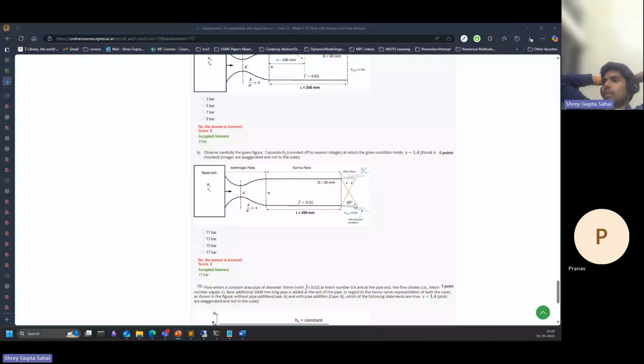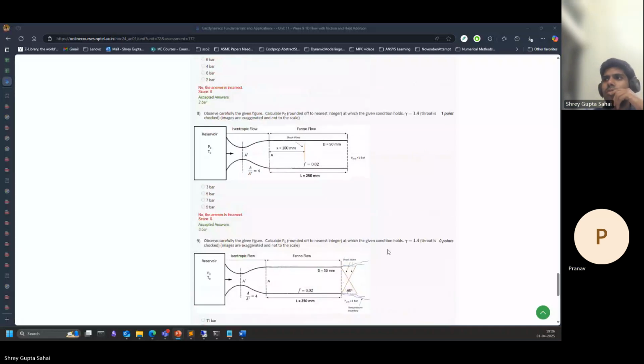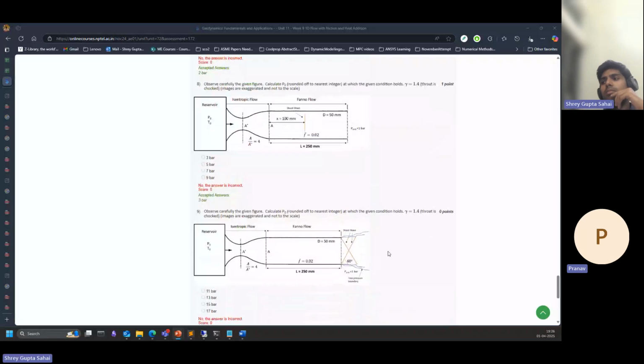Okay, Pranav, you tell me what pressure you're getting at the exit of the duct. Are you getting a different value? I'm getting a low value. If the exit means just before the shock or after? Okay, just before the shock.